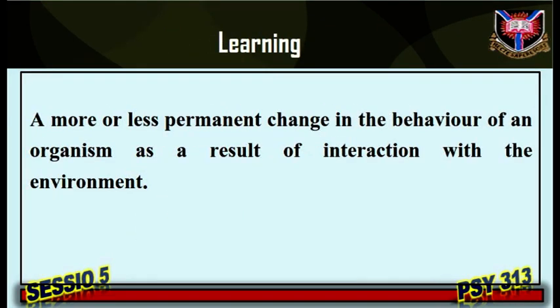Learning. Learning is a characteristic feature of living beings, animals included. The most popular definition describes learning as a more or less permanent change in the behavior of an organism as a result of interaction with the environment.